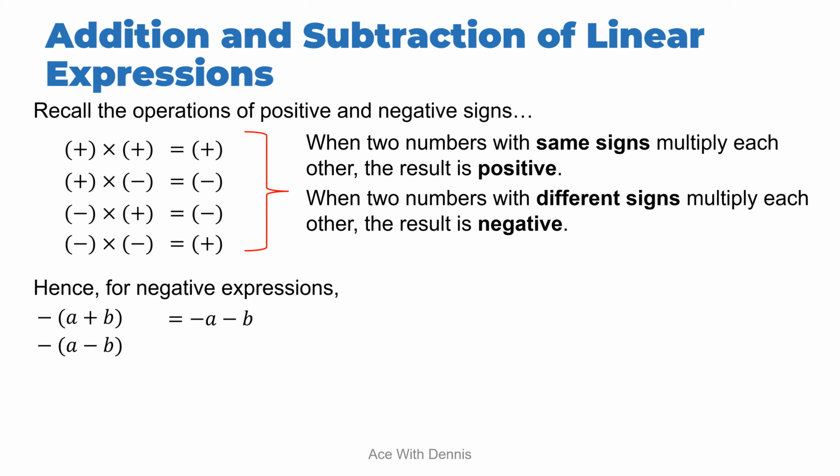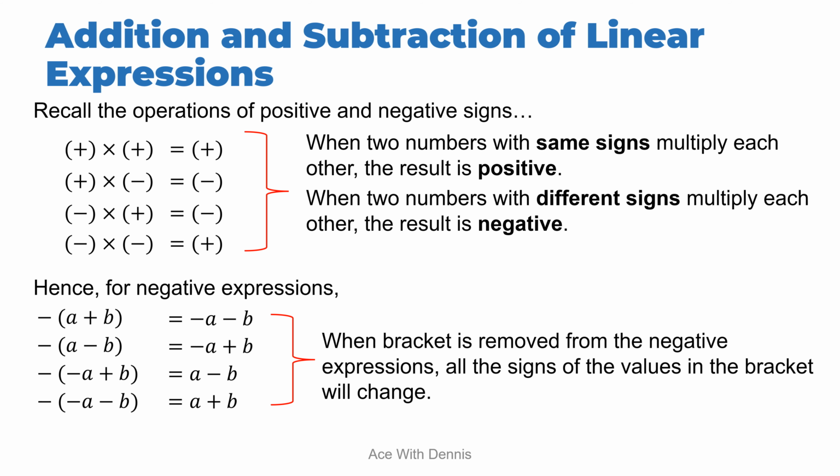Negative (a minus b), we get negative a plus b. Negative (negative a plus b), we get a minus b. Negative (negative a minus b), we get a plus b. From here, when the bracket is removed from the negative expressions, all the signs of the values in the bracket will change.